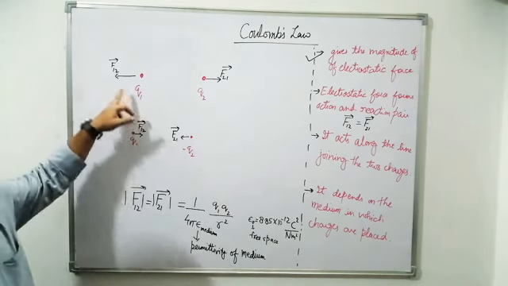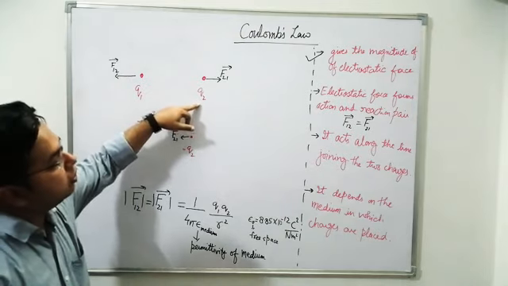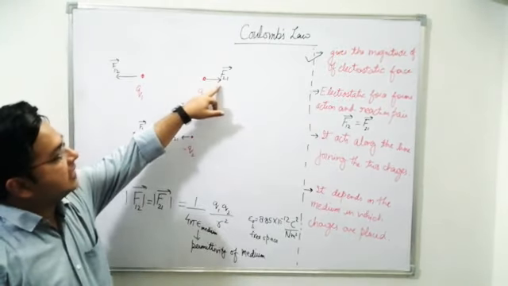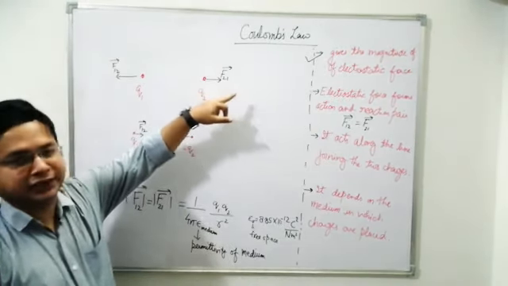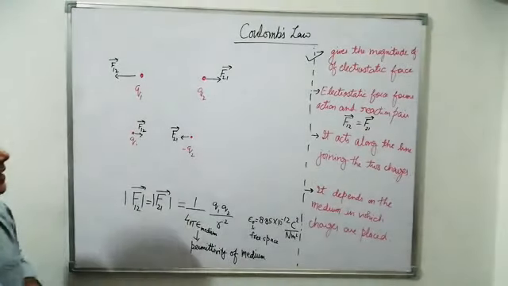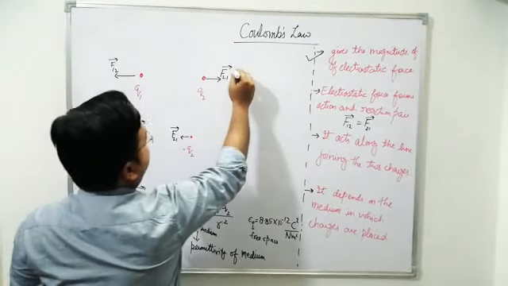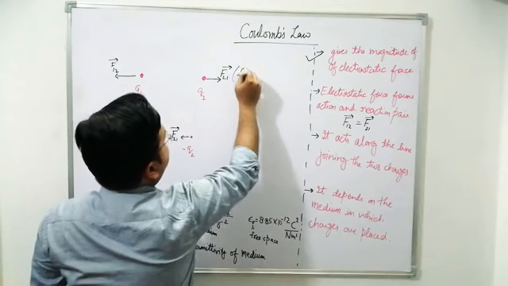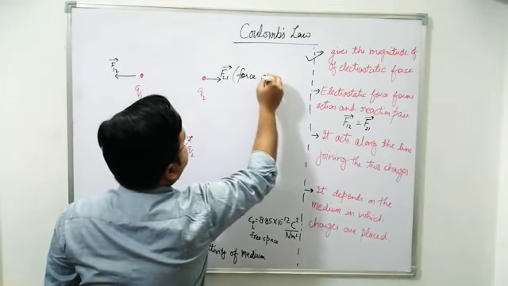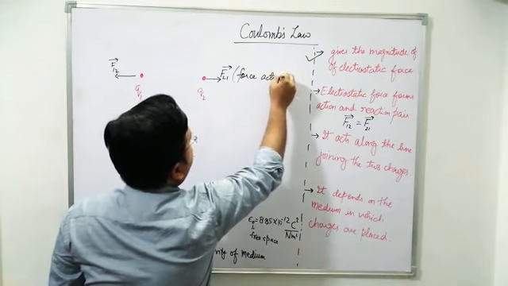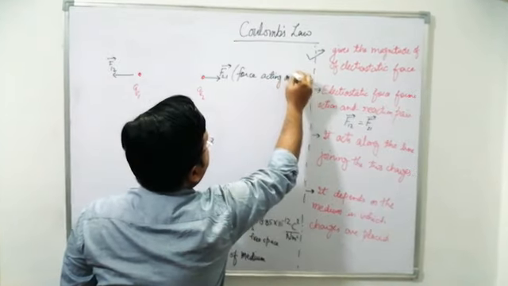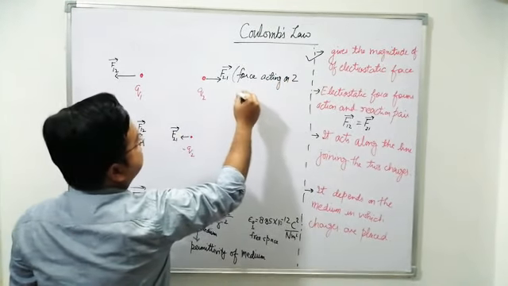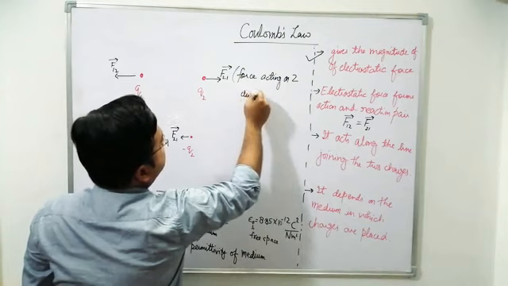So Q1 will apply a force of repulsion on Q2, which is marked as F21, and we read it as force acting on 2 due to 1. 2 means the second charge, due to 1.